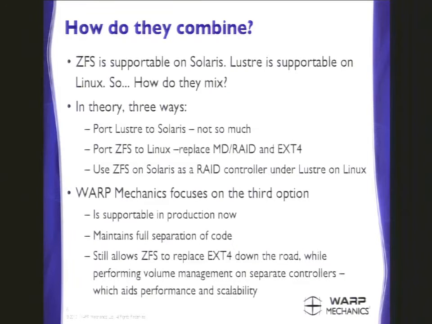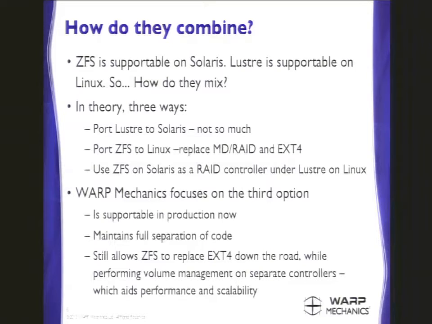You could port Lustre to Solaris. I don't think any of us are going to go do that. That's not really my agenda. ZFS on Linux, we absolutely support doing this, but it wasn't there yet. And the other option is to use ZFS on Solaris as a RAID controller under Lustre on Linux.